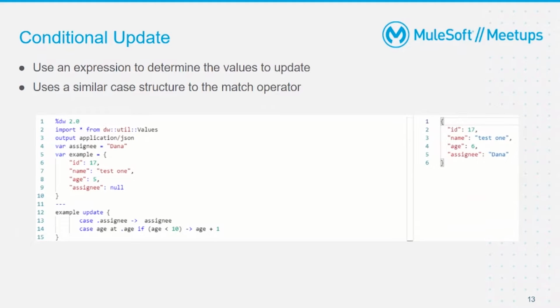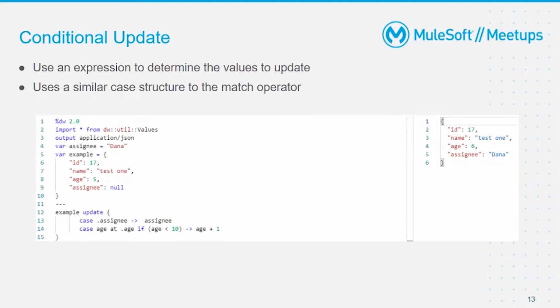One of the ways that we can get a bit more complex with this is by using an expression to determine the values that we're updating. This isn't super well documented in the DataWeave documentation, if you look there. So hopefully there will be some more added to that soon.